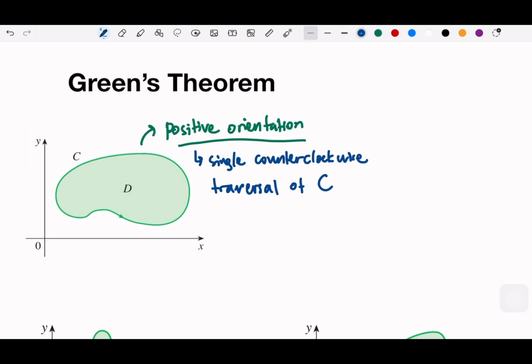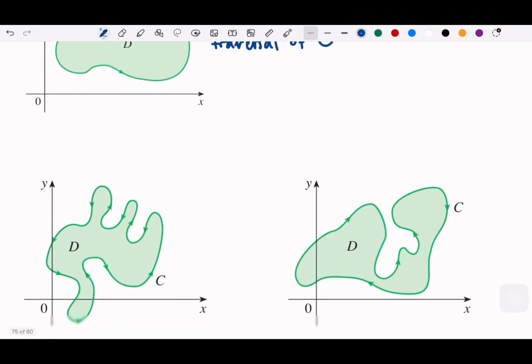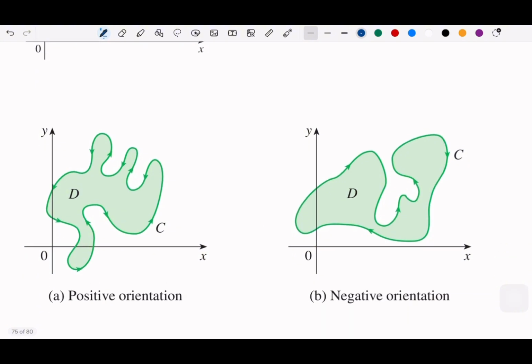So then we could have two different orientations within this region. We can have a positive orientation going counterclockwise. So let me write here, counterclockwise.